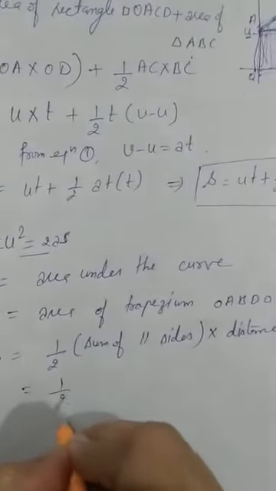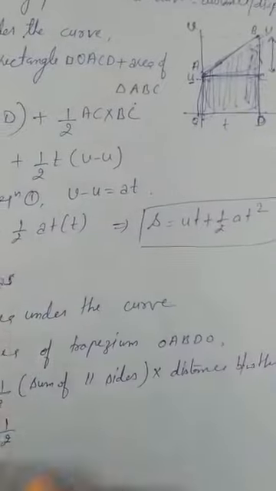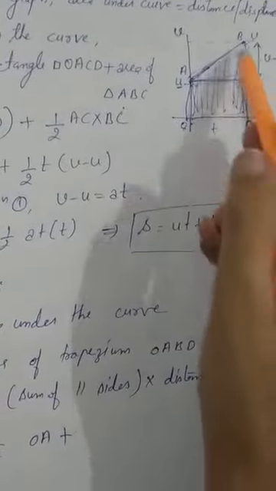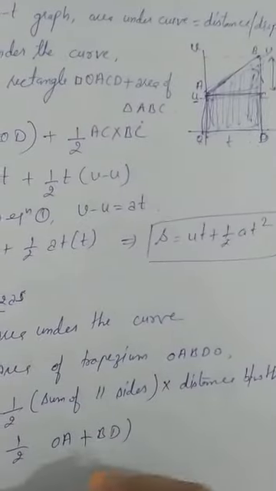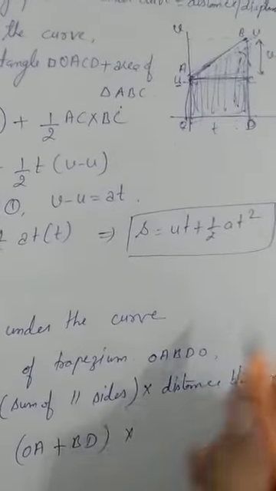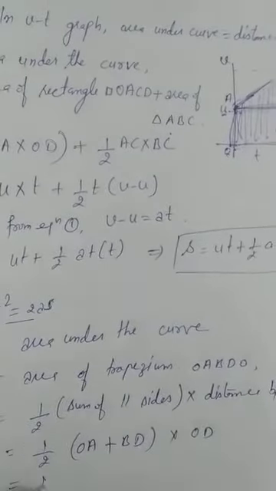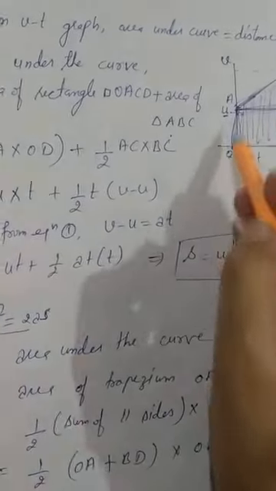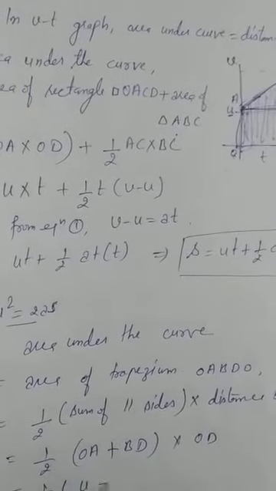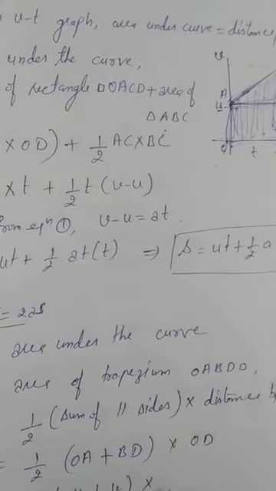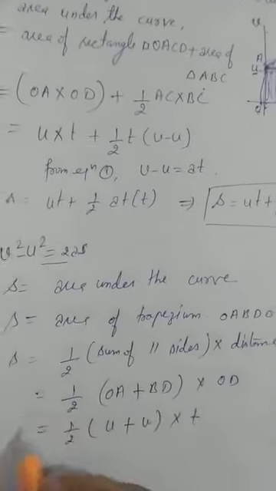So put the values: the sum of parallel sides, from the graph you can see OA plus BD, into the distance between them, which is OD. Now OA is u, BD is v, and OD is t. Now here S.